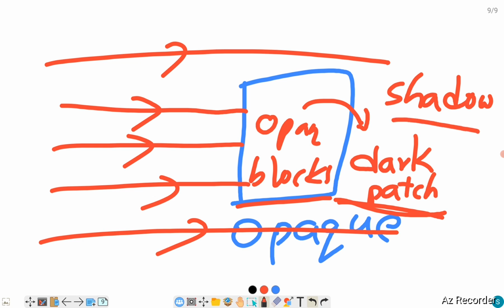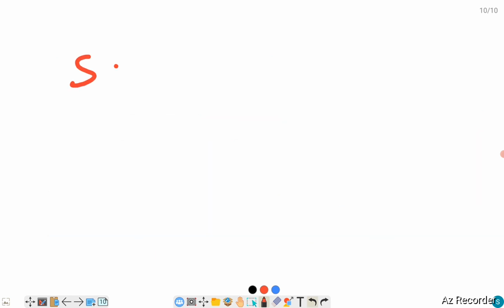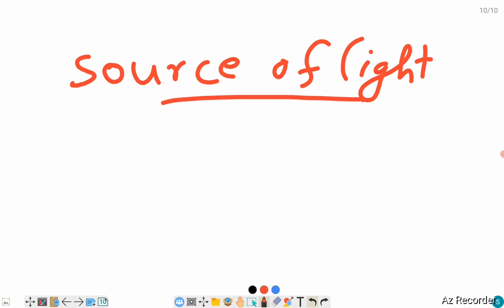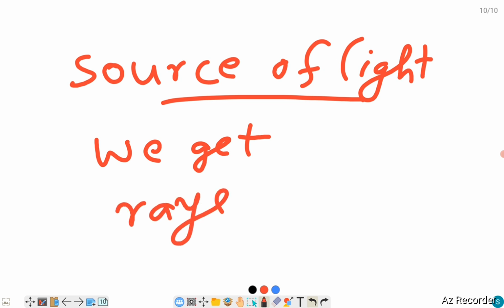Okay. Now, when we are taking source of light, that means the sun, we know what a source of light is now. Correct? What is a source of light? From where we get the light. From this source of light, we get different beams of light or different rays of light.